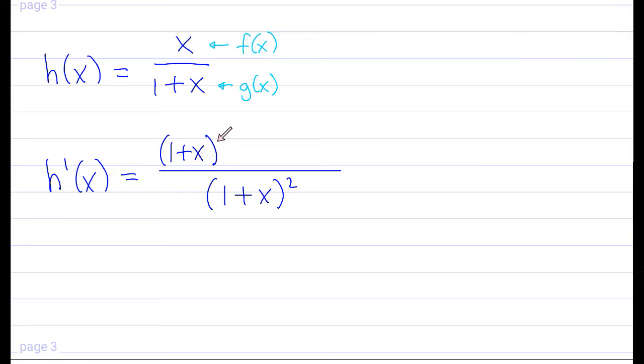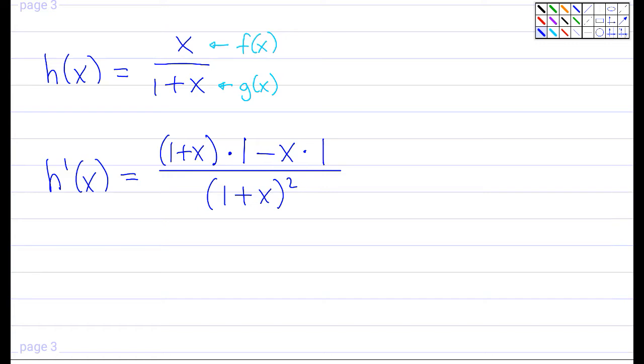G times the derivative of f, the derivative of x is 1, subtract f of x times, what's the derivative of g, which is 1 plus x? The derivative of this is 0 plus 1, or 1. There we go. Well, that's not so bad.